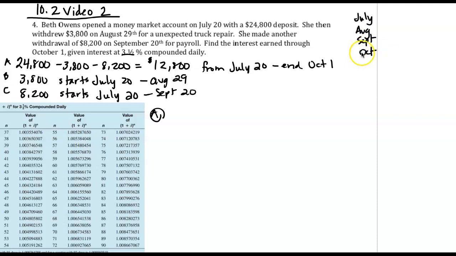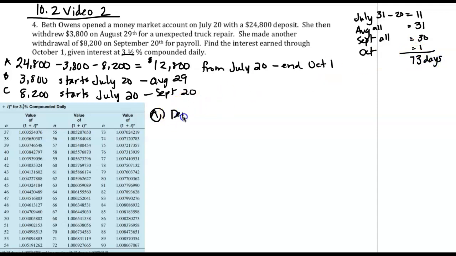In July, there are 31 days, but we're going to subtract the 20 that were previously used and have 11 left. In August, we're going to use all 31 days. In September, we're going to use all 30 days. And in October, we're going to use only the first day. Adding this together, I have 73 days.